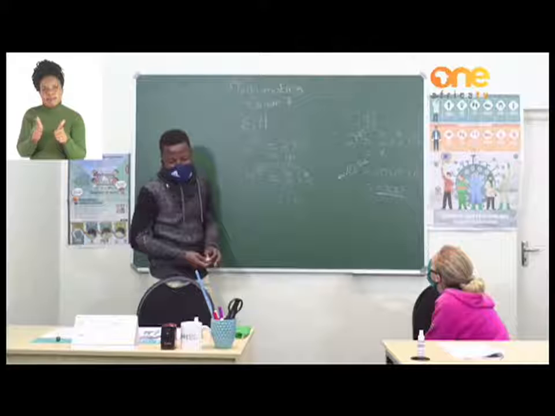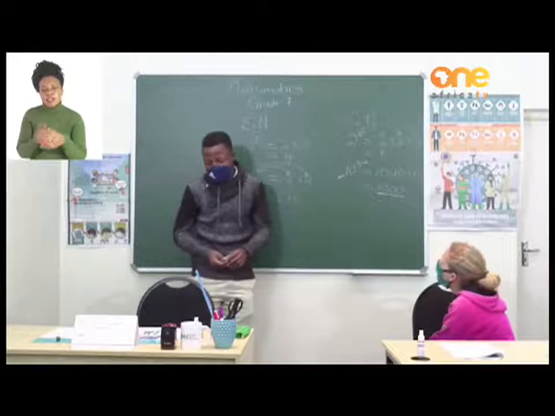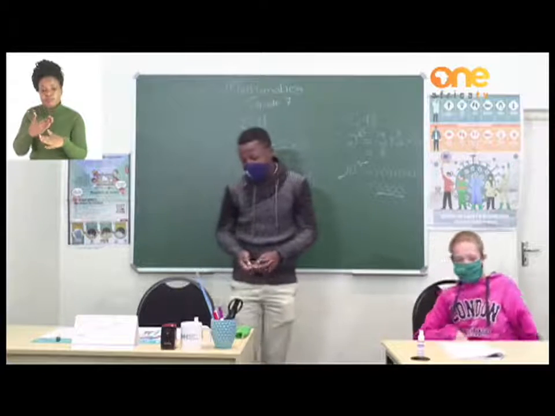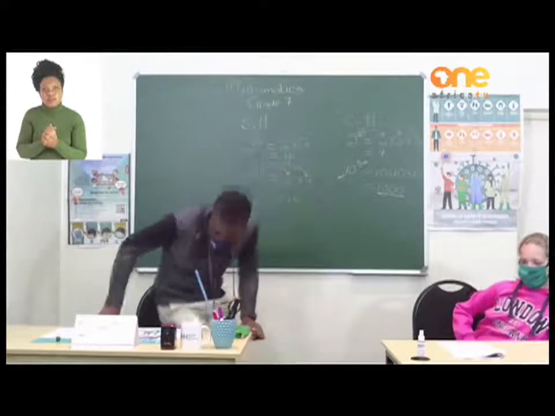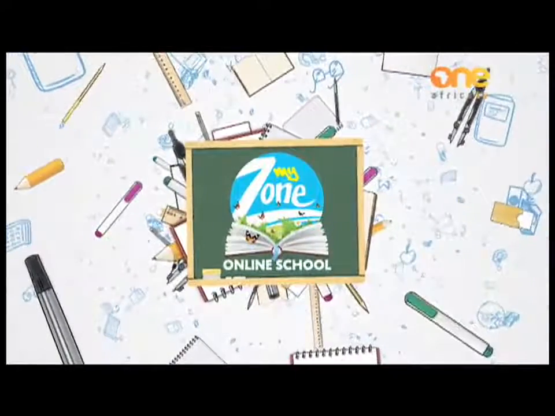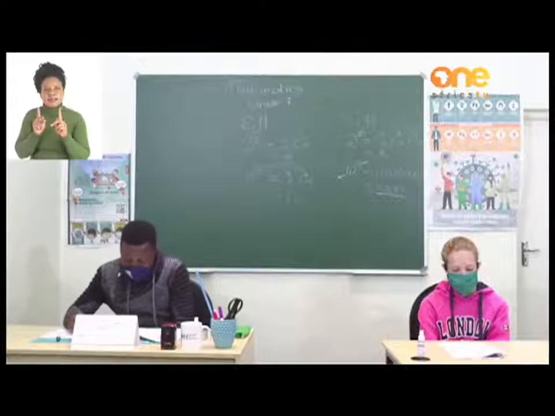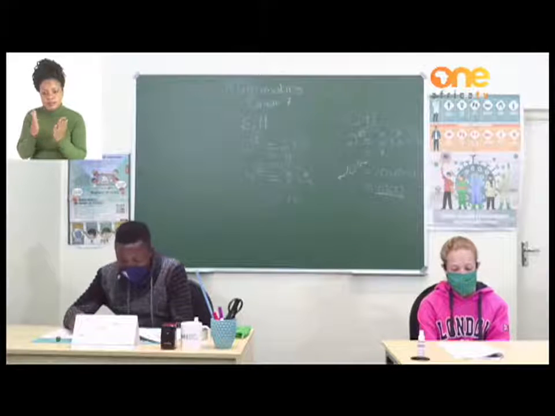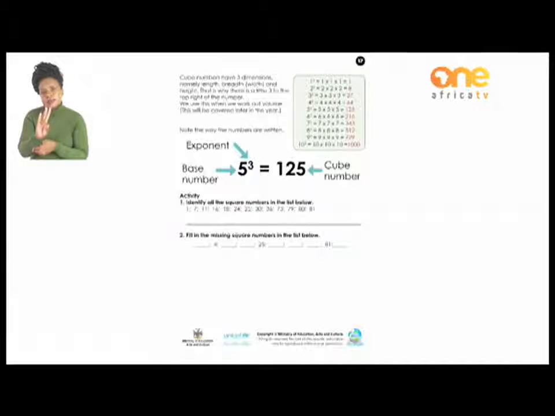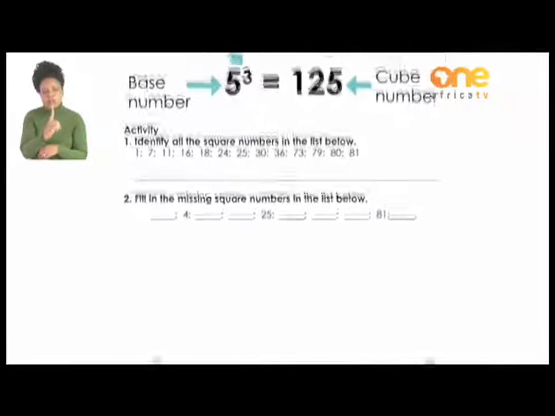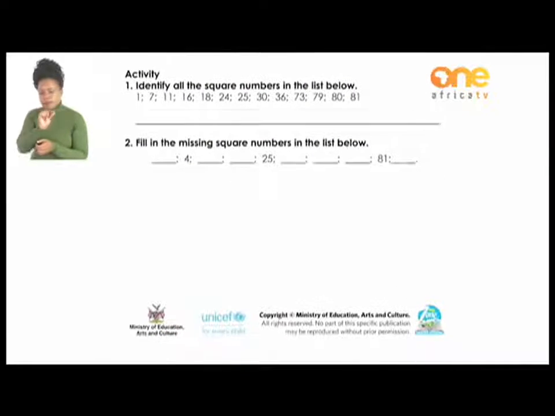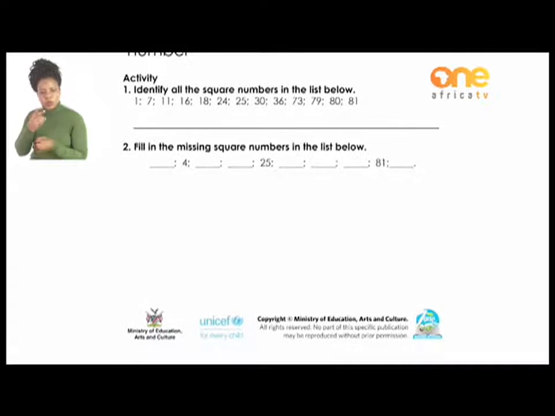So we have to go back to our booklet so that we can do the activity, or I can read through the activity. Okay, the activity is on page 17 of our booklet. The first question under our activity is to identify all the square numbers in the list below.